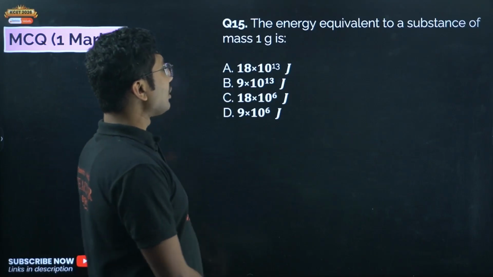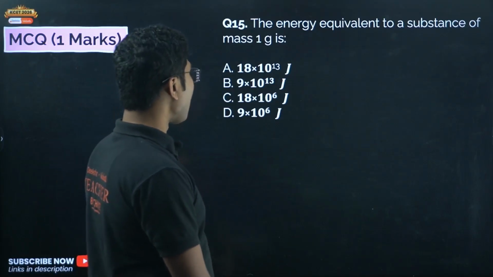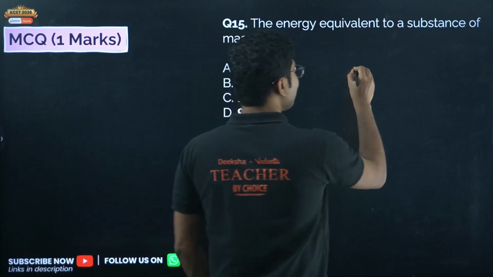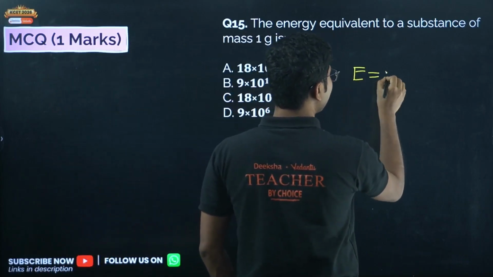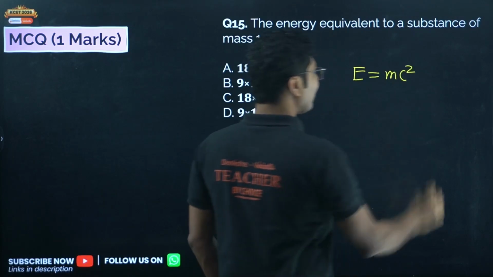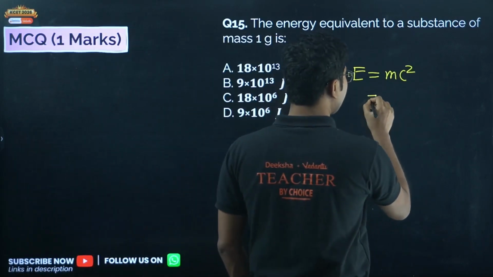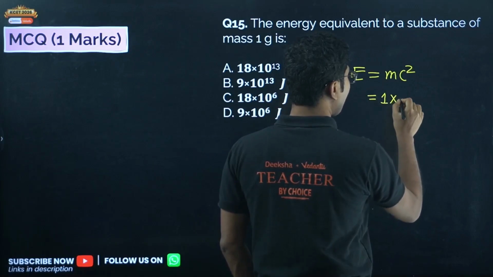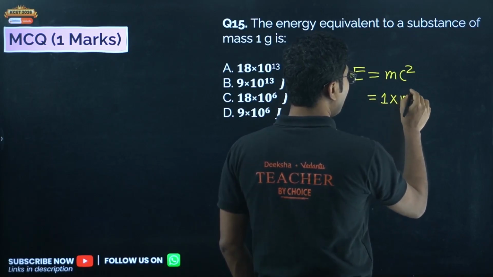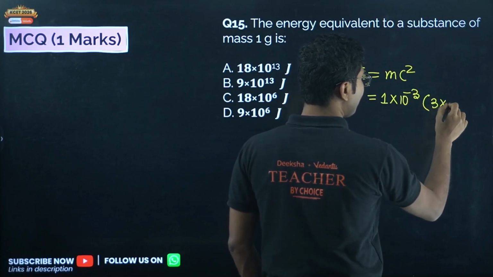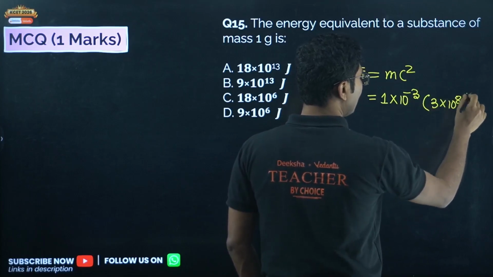The energy equivalent to a substance of mass 1 gram is. So let's do this calculation. Energy equivalence means we have to use our age-old formula, E equals mc square, and mass here is given as 1 gram. 1 gram means 1 into 10 to the power of minus 3 kilograms, and c is 3 into 10 to the power of 8 whole square.